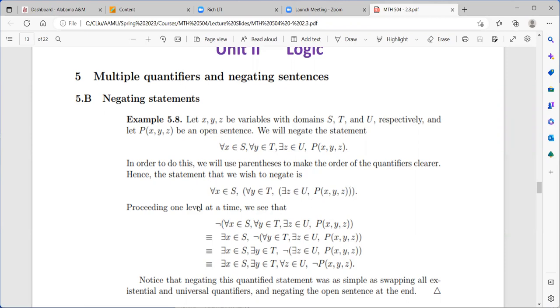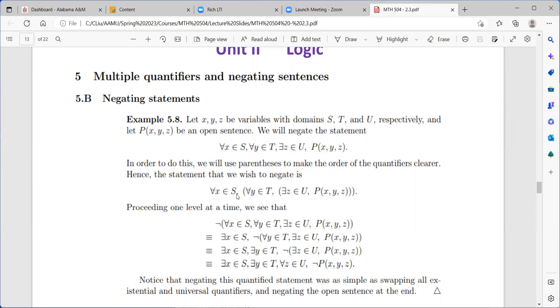And then you just do the negation one level at a time. So for example, we want to negate this whole thing, so we add another parenthesis around the whole thing. And then you negate this, all right?